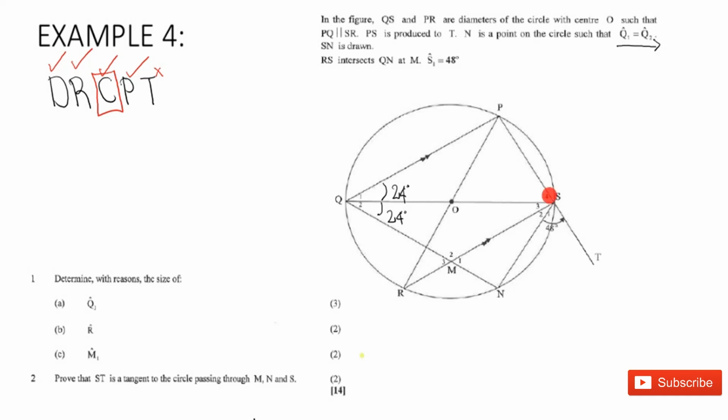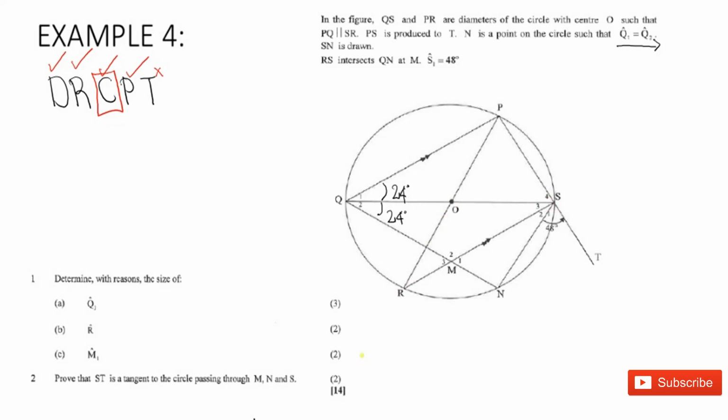And once we have our S4, we already know that that whole S3 plus S4 is equal to 90 degrees. Then we would be able to find your S3, and then if you have your S3, you would be able to find R, because like I said, this is an isosceles triangle because the radii are equal, and then from there R will be equal to S3, right?